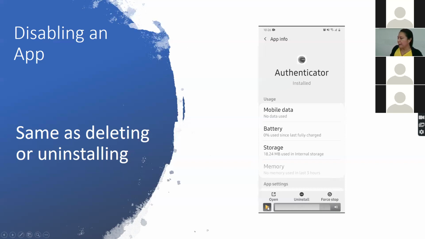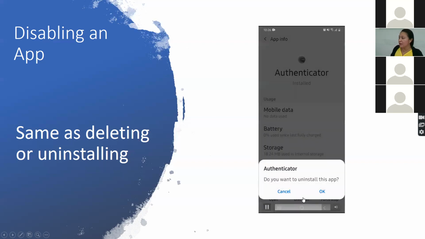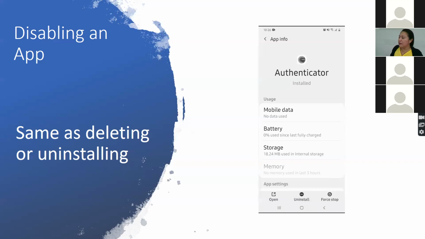In this case, we will uninstall this application, and that ensures it is removed from our storage space. So this is manually going into our applications to delete or uninstall any application that we no longer need and would like to remove from our phone.